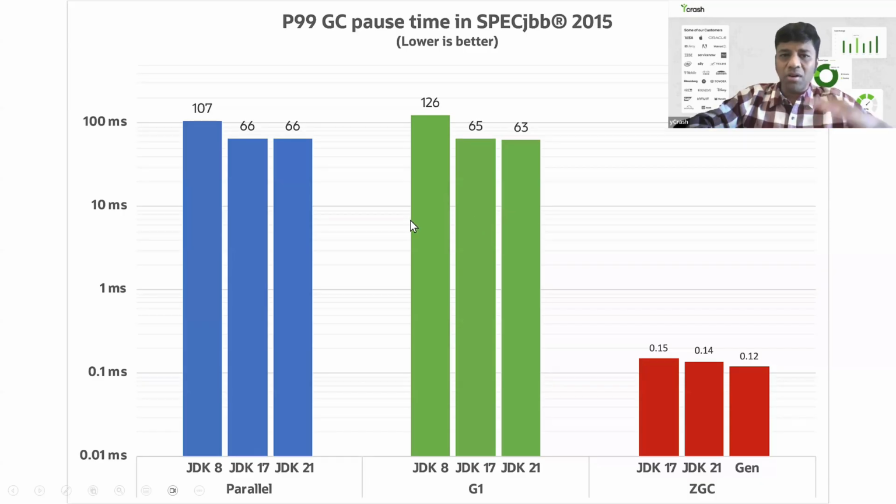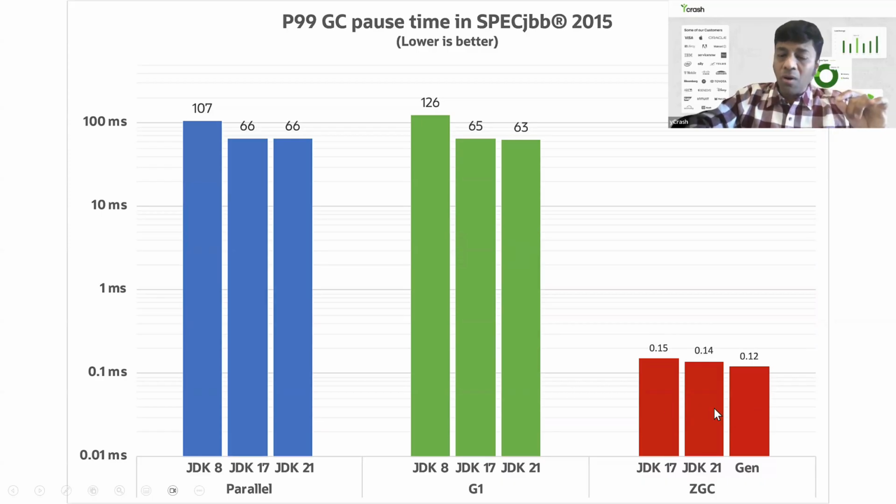G1GC is more or less in the same arena. And here, ZGC, you see it is fractional, right? It's ultra low latency.